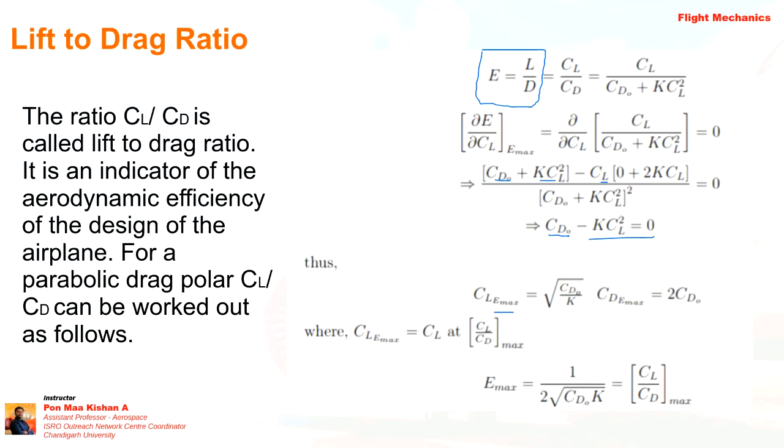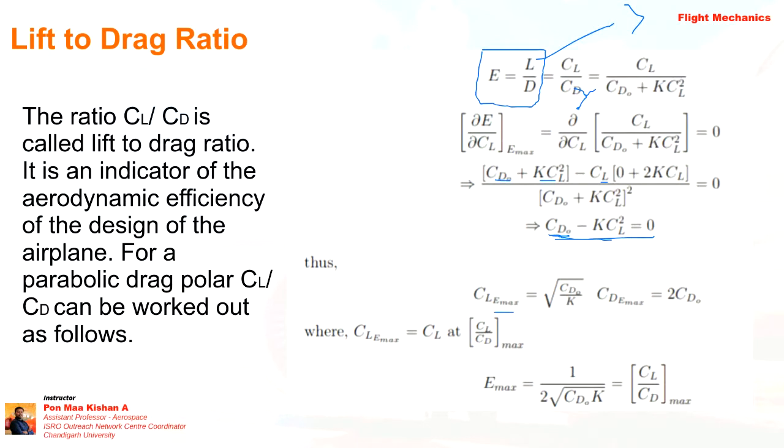So E max indicates CL has to be maximum, CD has to be minimum, okay? From this equation we can identify that if I am calculating CL from this equation, CD naught minus KCL square, this term will go to the right hand side, so CD naught equals KCL square, right? My stylus is not working properly, so kindly try to understand what I am saying here.